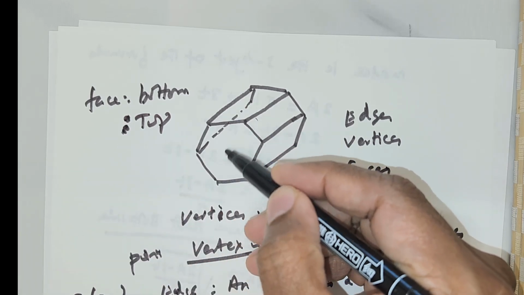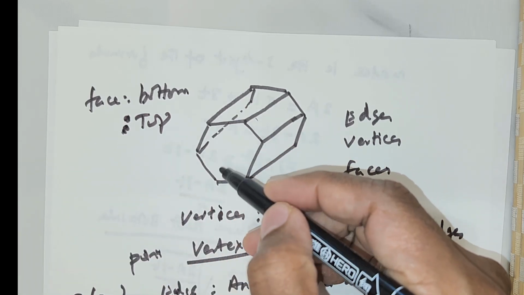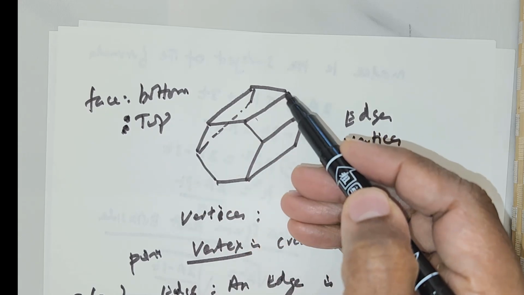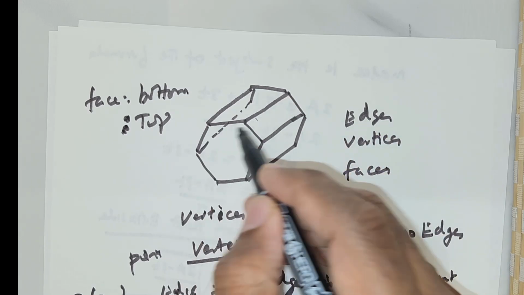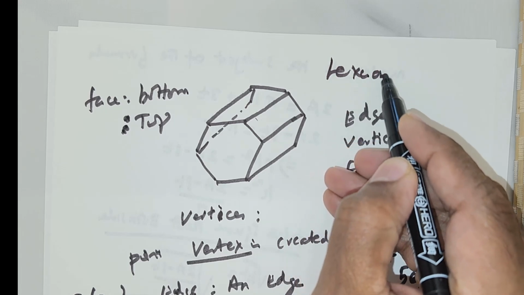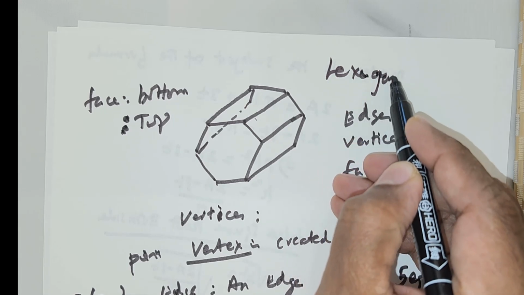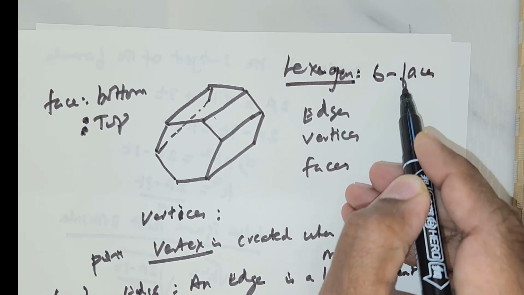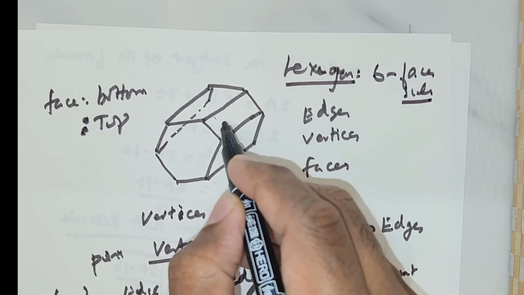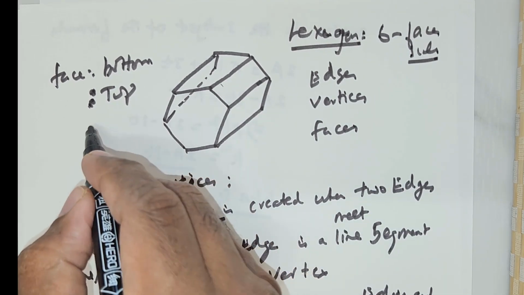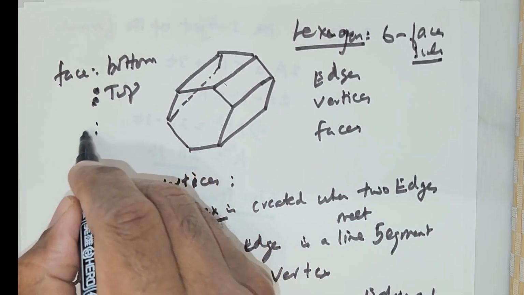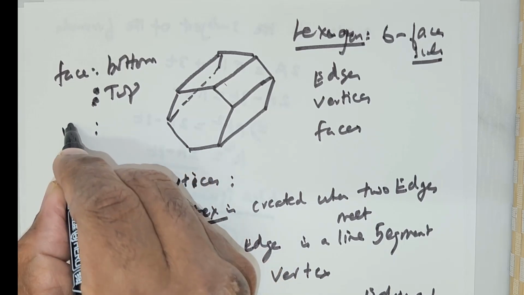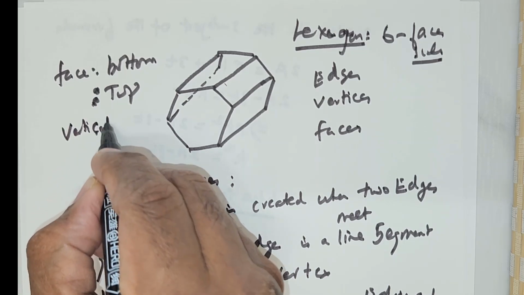If this is the top, you have a face here, and at the bottom you have a face here, plus a hexagon. A hexagon is a polygon which has 6 sides. So that means you have a side here, side here, side here. So you also have faces along the vertical length.